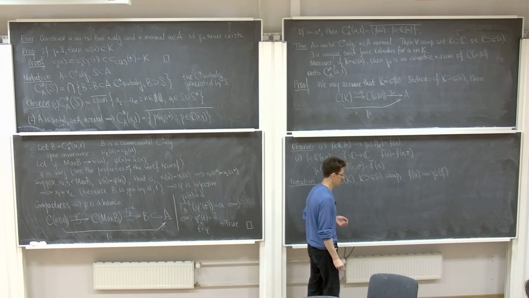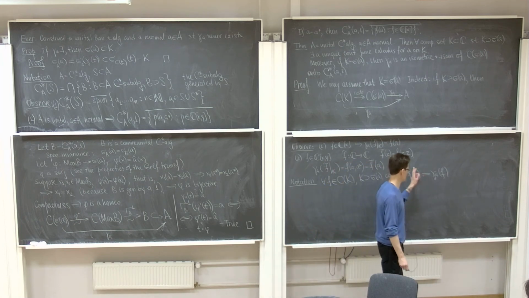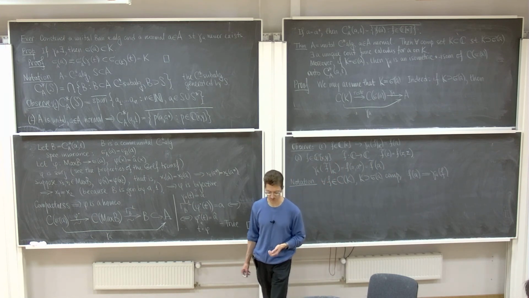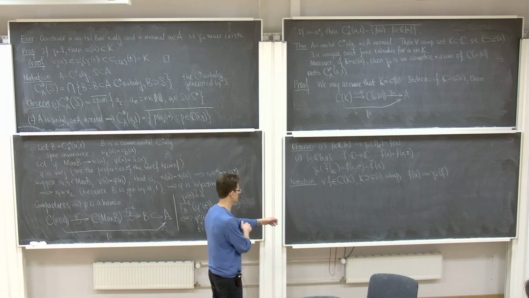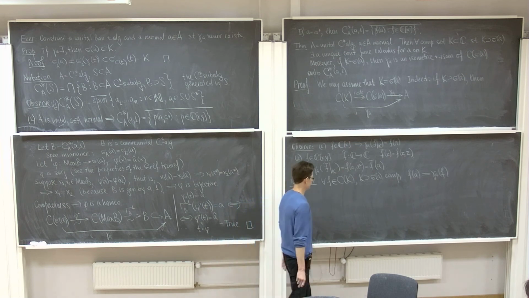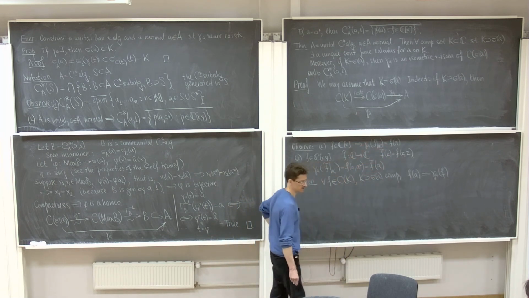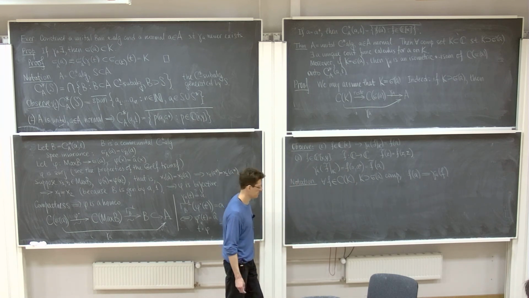So instead of writing gamma of f, we write f of A. And we say that this is f evaluated at our element. This is reasonable because of this observation. So if f is a polynomial, then we get just the polynomial applied to A in the usual sense.